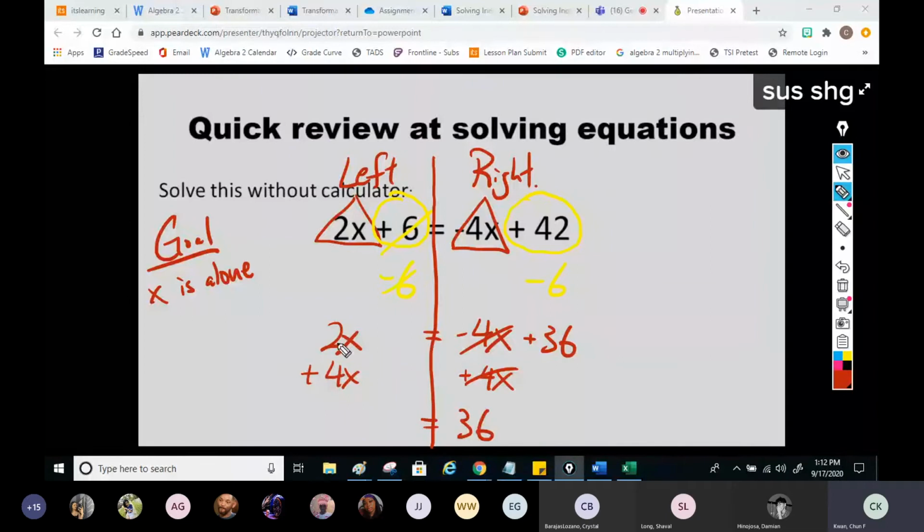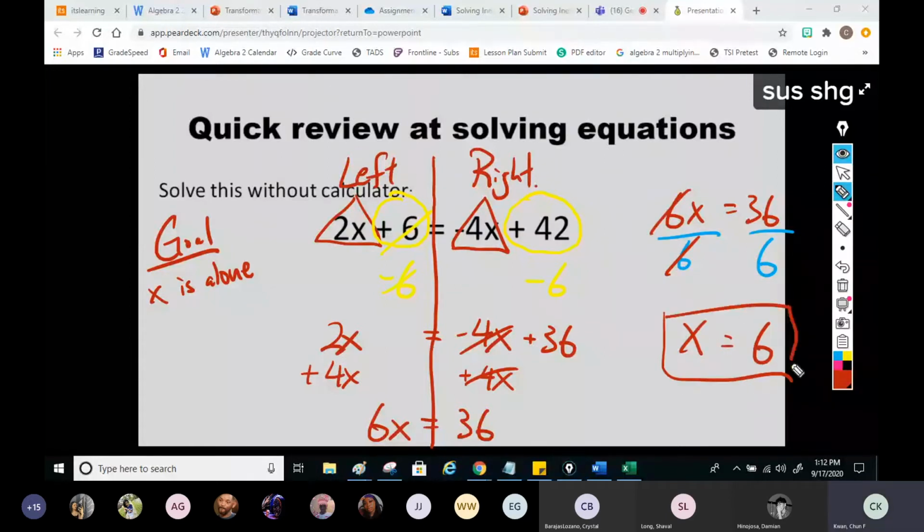And then on the left side, 2x plus 4x, you will get 6x. Okay, 6x equals 36. And then the last step is we have to get rid of the times 6. To undo the times 6, we divide by 6 on the left, divide by 6 on the right. And then times 6 and divided by 6 cancel out. You'll have x equals 6 right here.